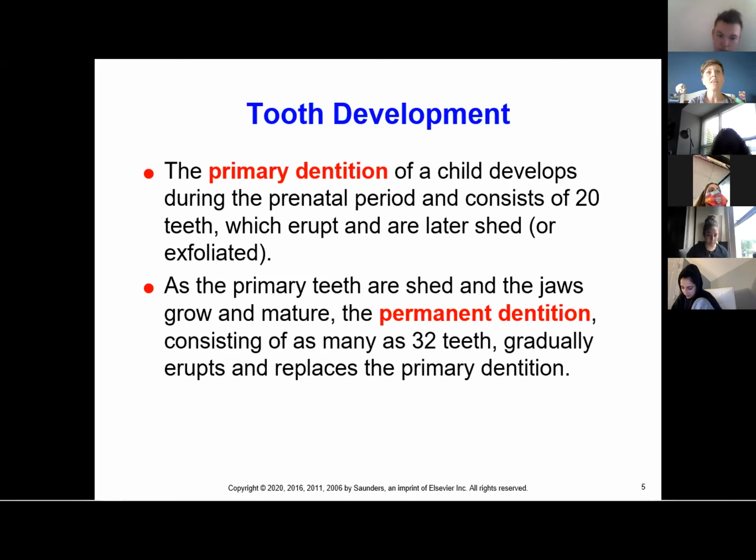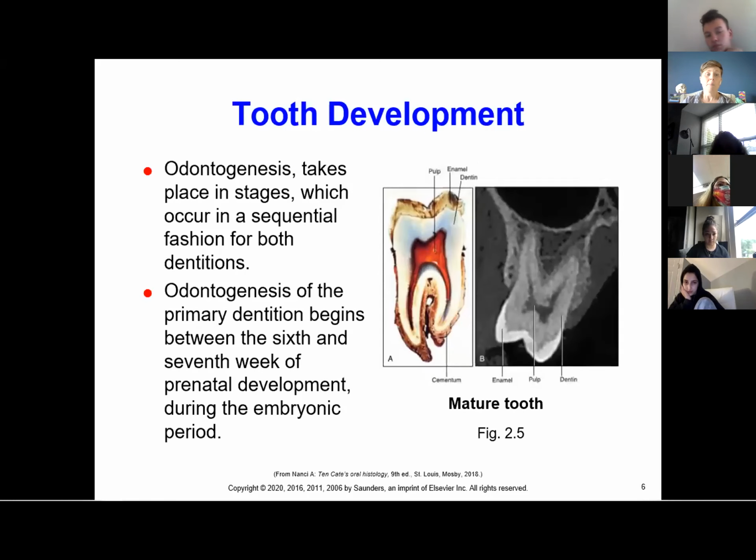As the primary teeth shed, the jaws grow and mature, and then the permanent dentition consists of 32 teeth, like I said. Twenty of them gradually erupt and replace the primary dentition. Odontogenesis is a continuous process, and there's no clear-cut beginning or end point between the two stages.